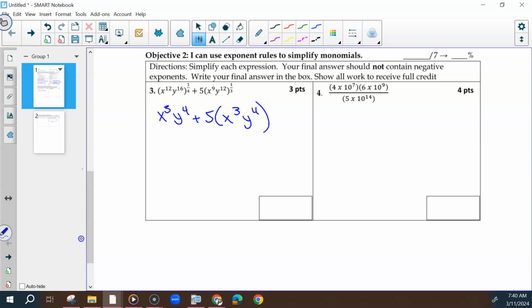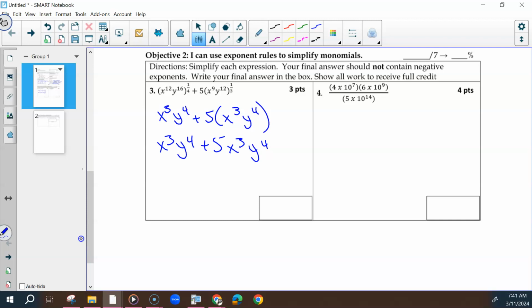Then a common mistake I saw with this 5. Here, you are not distributing because there's not a plus or minus between this. This is 5 times this entire term. So it should just be a coefficient, not 5x to the 3rd plus 5y to the 4th.